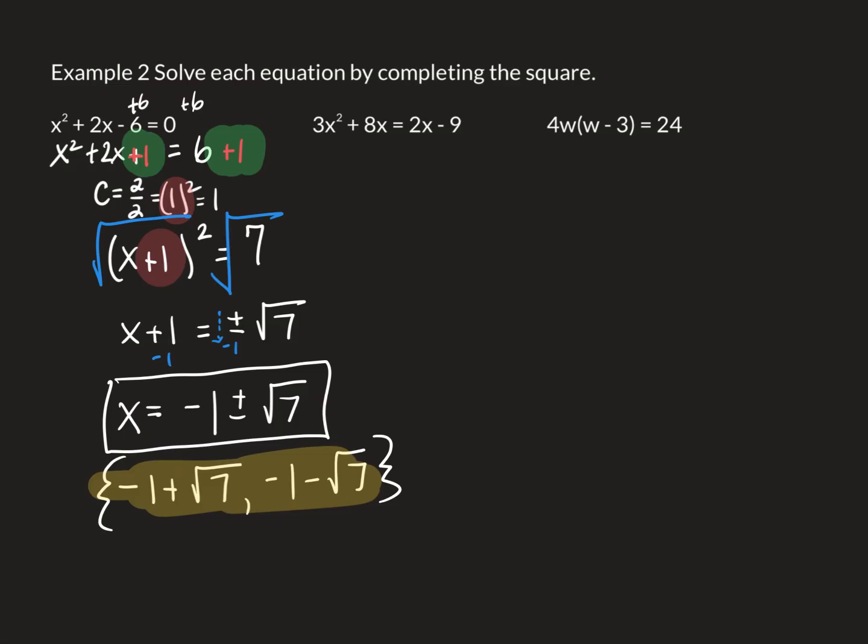I want to add that you will leave your answers this way when you have a radical that does not have a perfect square underneath it.